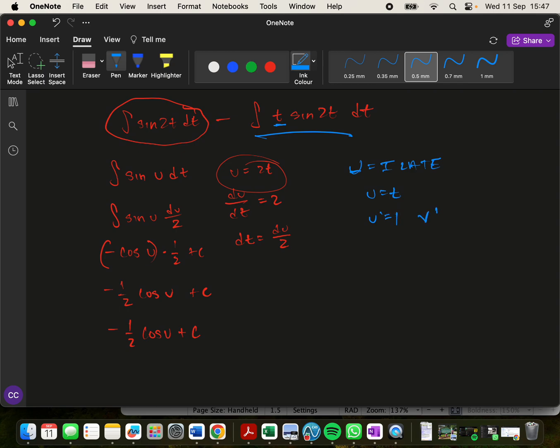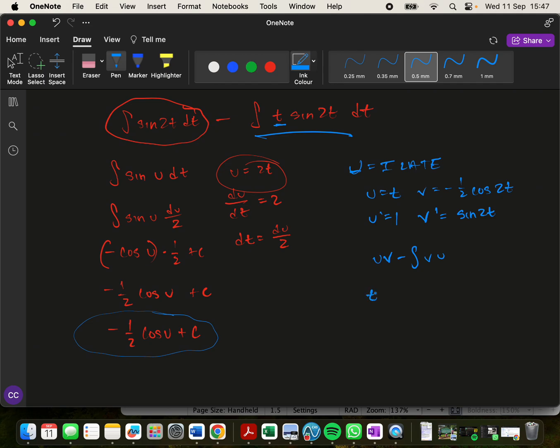That means that my dv is going to be the sine of 2t, and v, which we know from right there, is negative 1/2 cosine 2t. Setting up integration by parts, it's always uv minus the integral of v du.